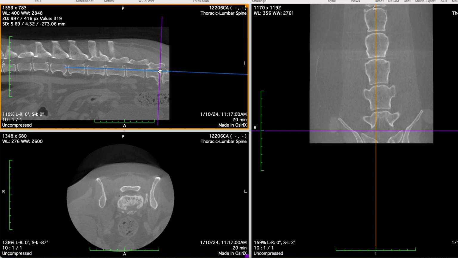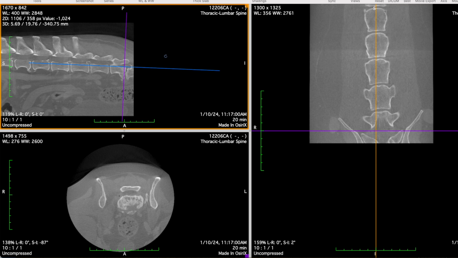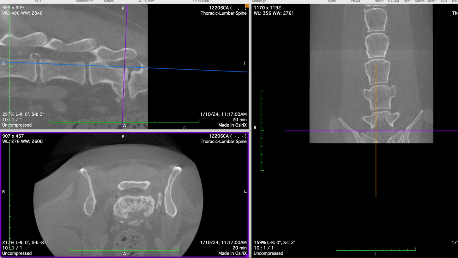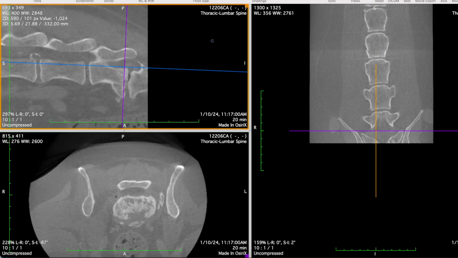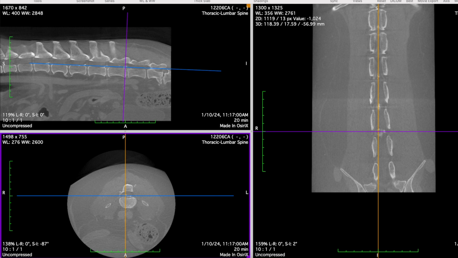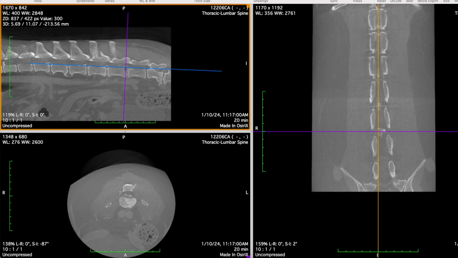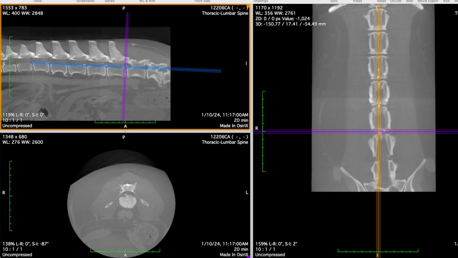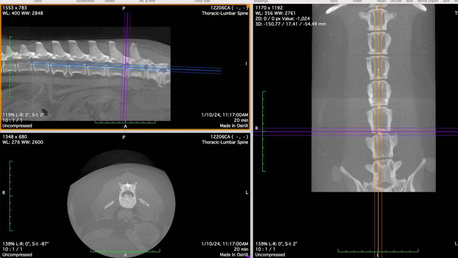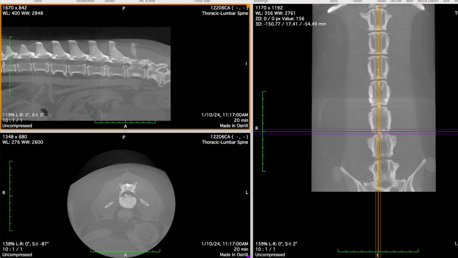Discospondylitis, that he speaks of in the L7S1 region, could be a bacterial or fungal infection. We can visualize right off the bat in this sagittal view in the top left what's going on with the extruded disc material. It's easily viewable as it is mineralized. We can also see when we thicken, this extruded disc material becomes more prevalent in the images.